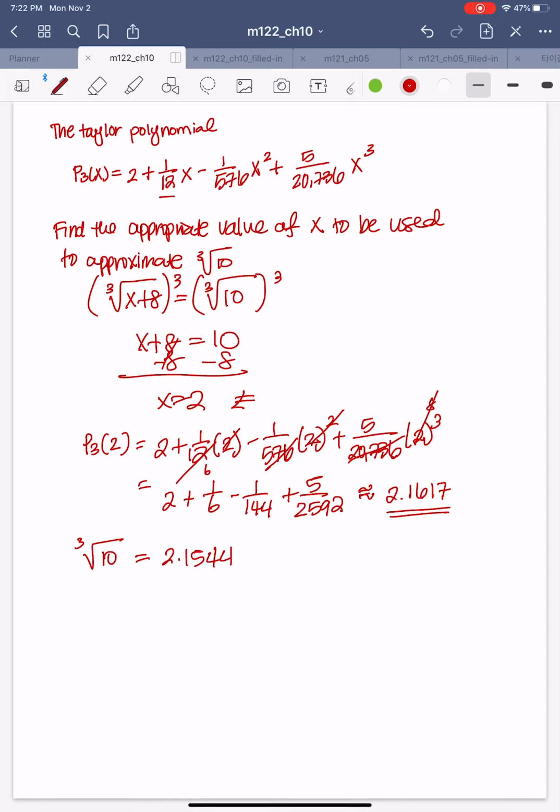So we were pretty accurate. We have 2.1617, and then the actual value is 2.1544. Okay, so this is one way of using a Taylor polynomial to approximate a function value.